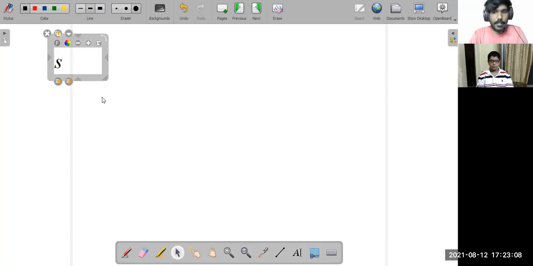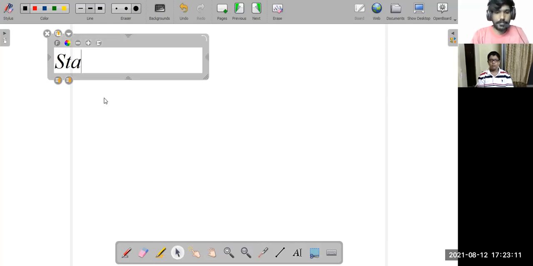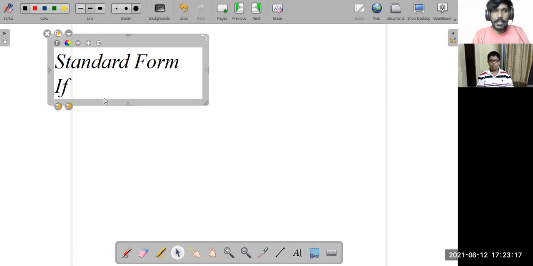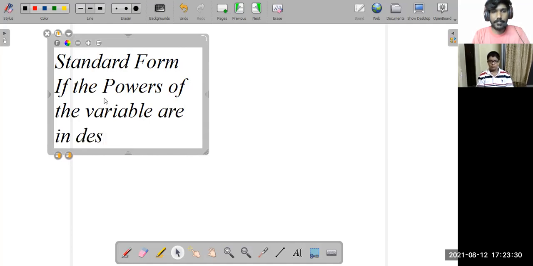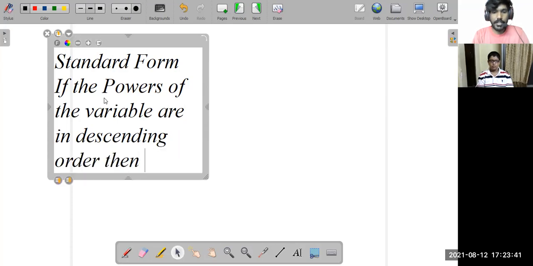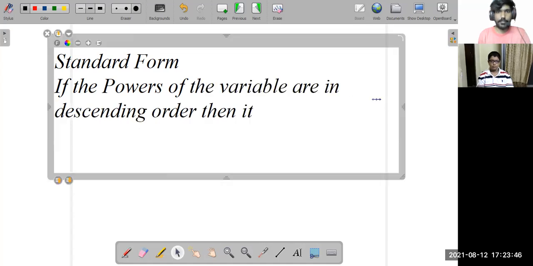The first, standard form. So if the powers of the variable are in descending order, then it is said to be in standard form.